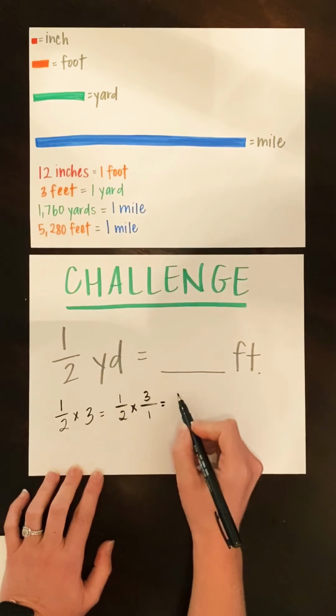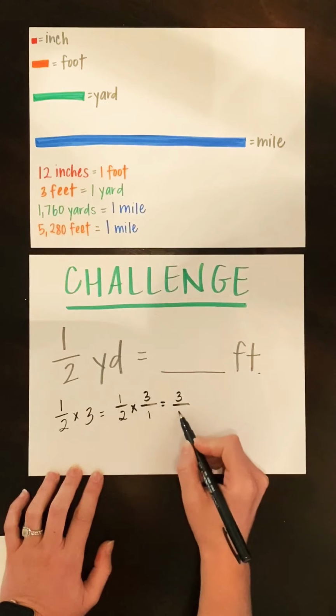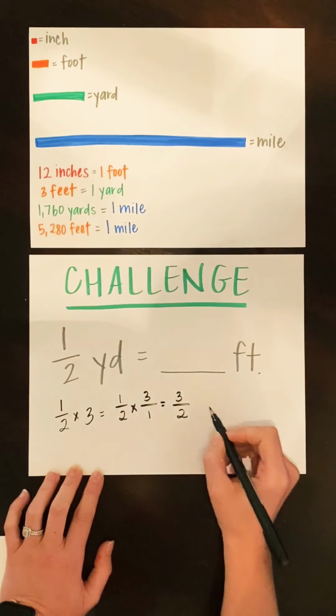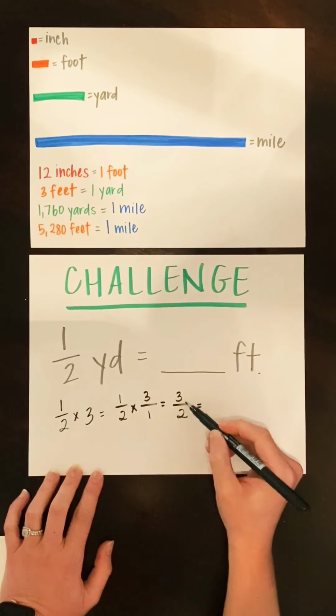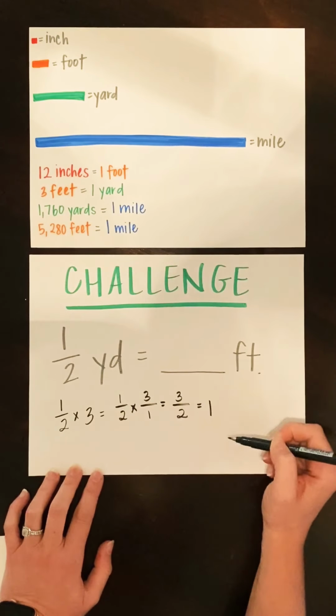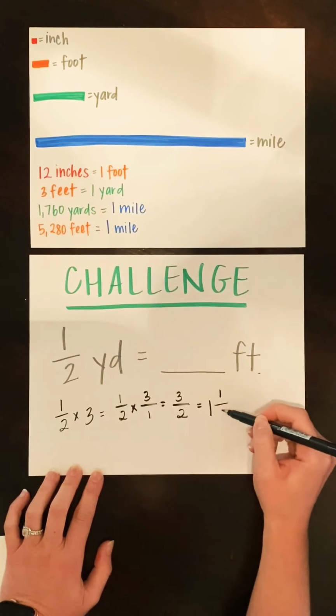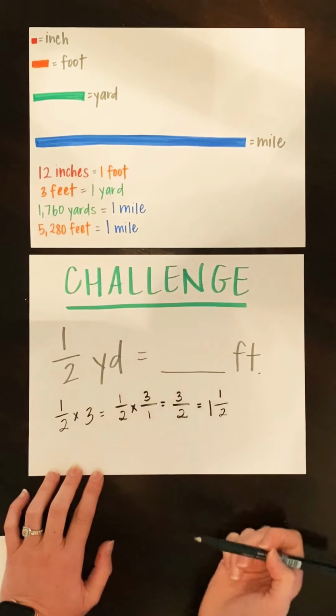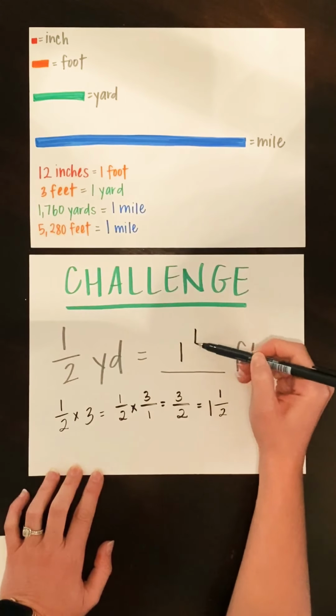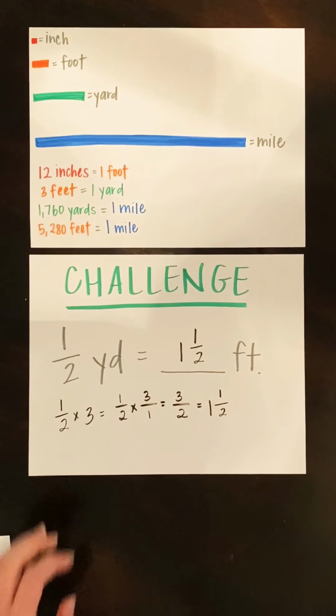So 1 times 3 is 3, 2 times 1 is 2, and that's an improper fraction. So I can make that into a mixed number by dividing. 3 divided by 2 is 1, and I have 1 as a remainder, and I keep my denominator of 2. So half of a yard is 1 1/2 feet.